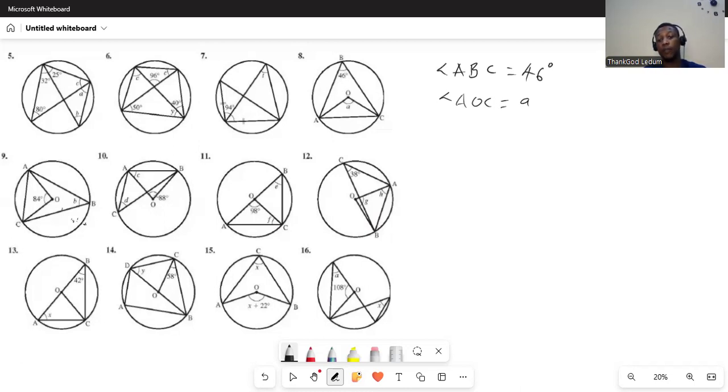Remember, from our definition of the first theorem, it says that the angle at the center is twice the angle at the circumference.